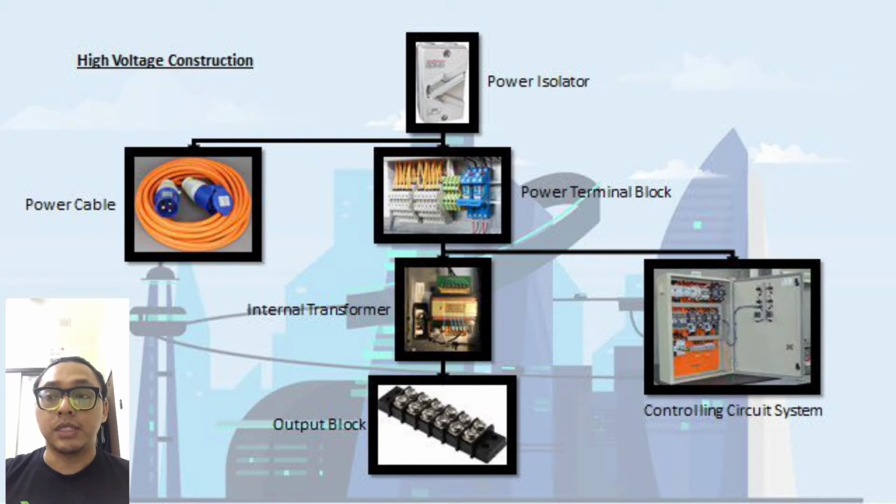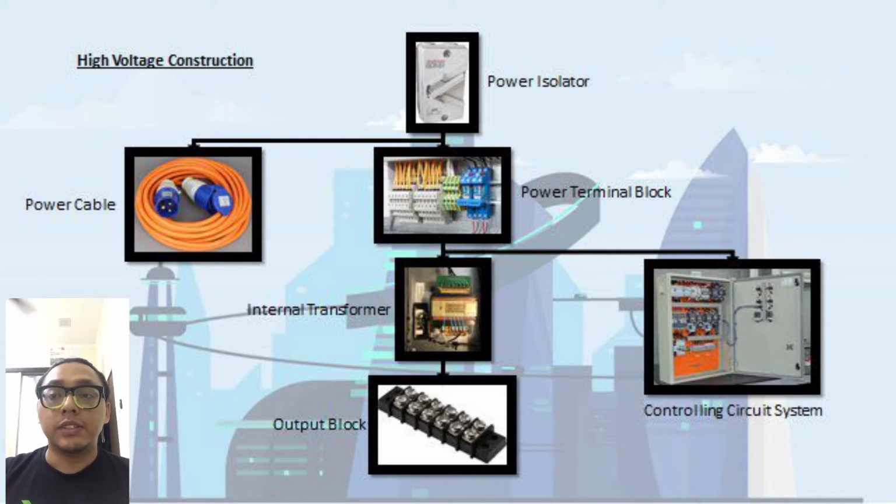Then the power terminal block is connected to the internal transformer, followed by the controlling circuit system, and lastly we connect to the output block.